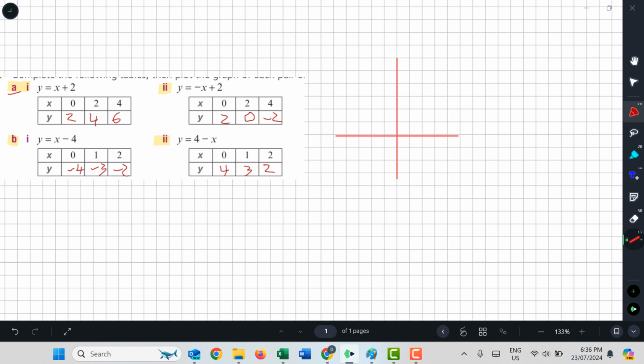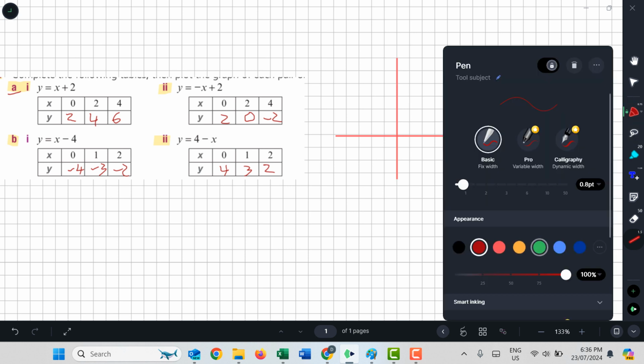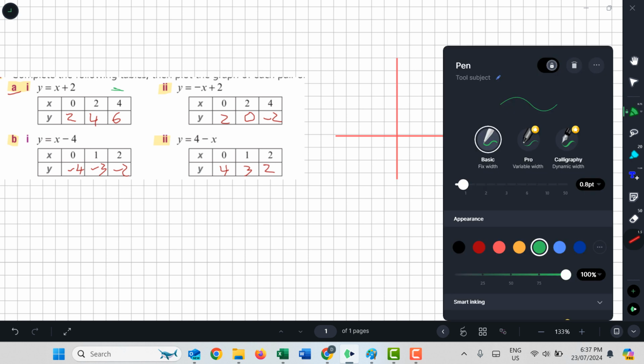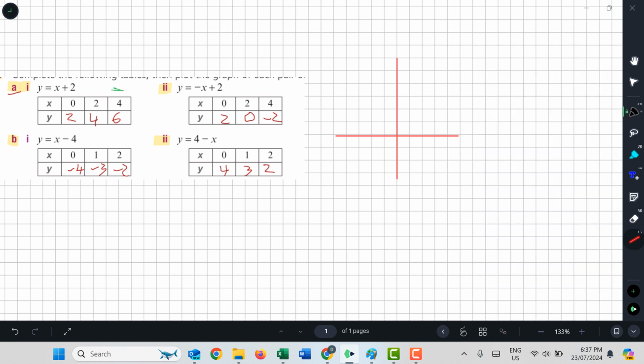Okay, now we're just going to plot these points. I'm going to make this one green. So these will be my green points, okay? So, 0, well actually, I should actually label first, shouldn't I? So, 1, 2, 3, 4, that's my arrow, and that'll be 0, -1, -2. We've got no minuses on the x, so won't worry about that.